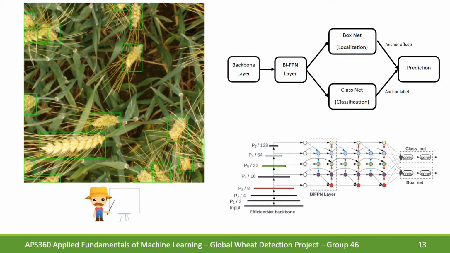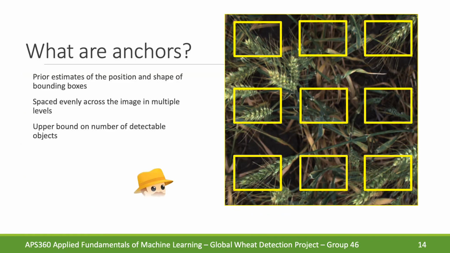Then, to understand the prediction of the model, we need to understand BoxNet and ClassNet, from which we need to understand anchors. Anchors are boxes that represent the model's prior belief of the shape and the location of the object on the image. To detect the object, the model casts a set of prior predictions to move anchors evenly across the image. In reality, Sam has up to 20,000 anchors, but for now we can simplify it to 9 anchors as seen in this image.